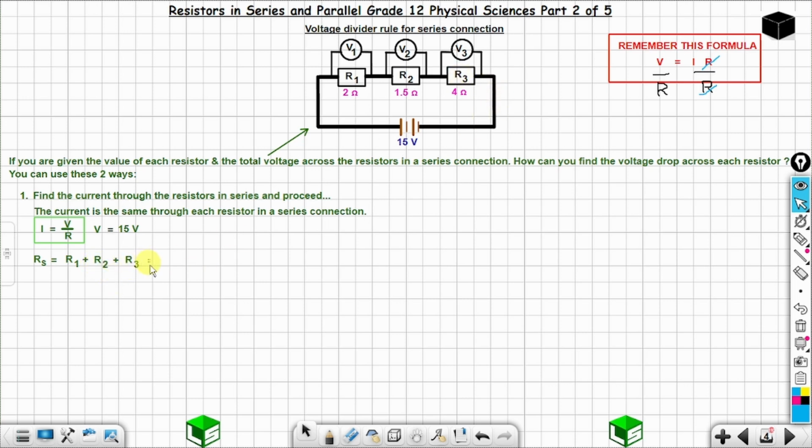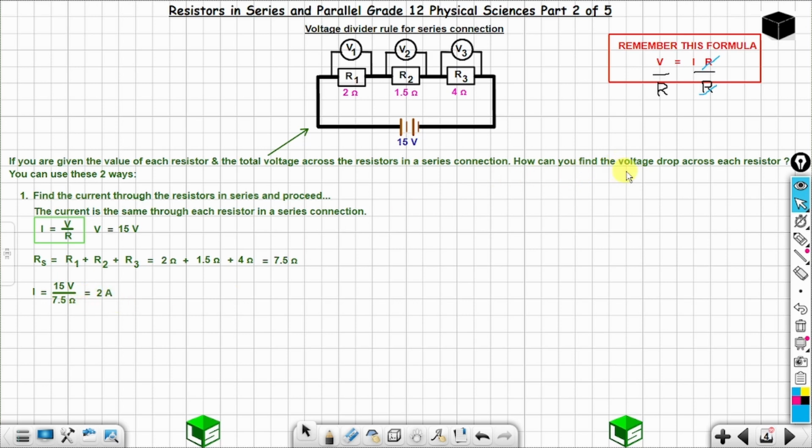This is equal to 2 plus 1.5 plus 4, which is 4 plus 2, 6, plus 1.5, 7.5. So the current is equal to 15 over 7.5. This is equal to 2 amperes.